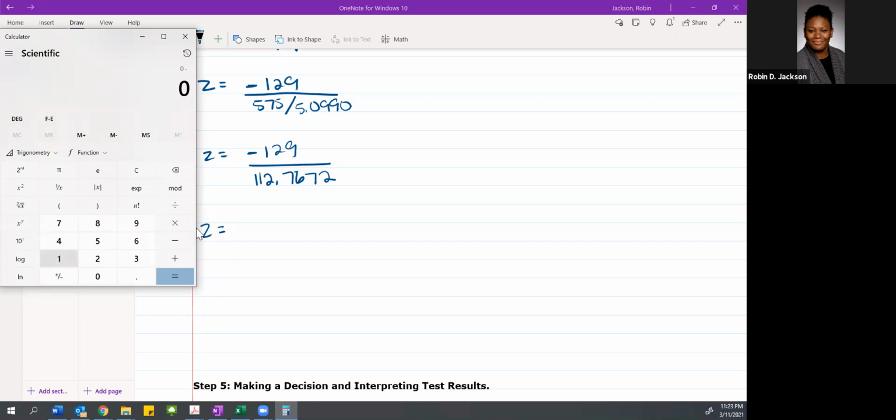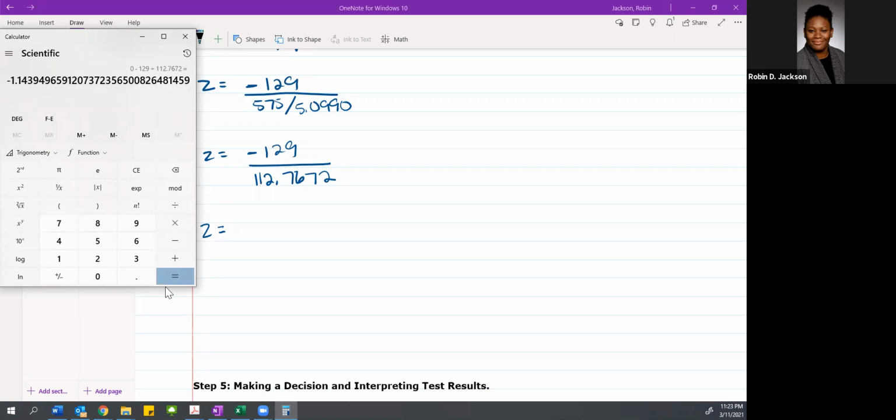The way to do that is like what I just did. You click the subtract or negative sign, 129. It's not always going to show up, okay? Then you divide by the number you want, which is 112.7672.